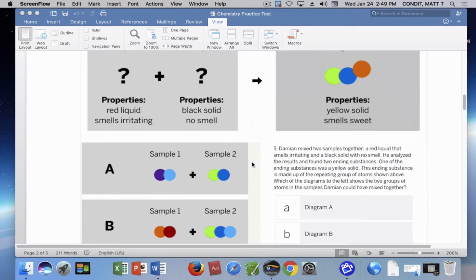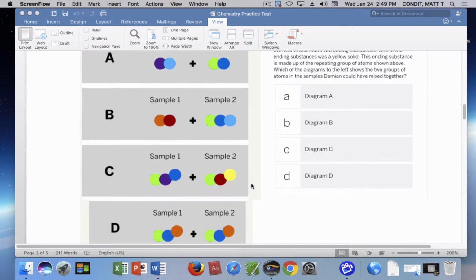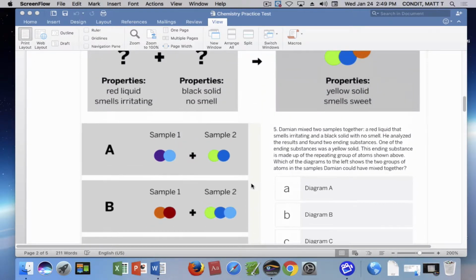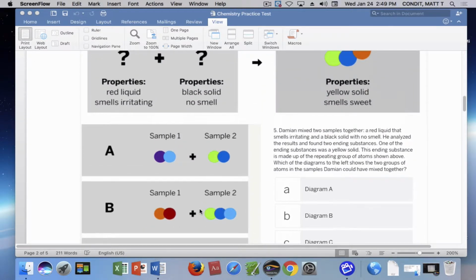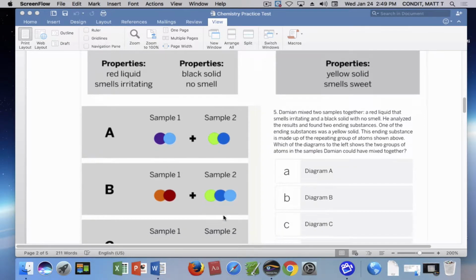These right here are the exact same molecules as those right there. That would be a physical change, and we already know it's a chemical change because it said the properties change. So that leads us to B is the only possible one that is a different substance over here than here and has all of the required atoms that we need.